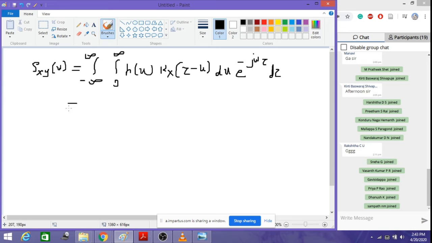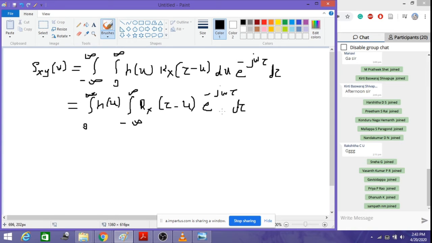Once we have 0 to infinity, we take the h of u term outside, then the integral from minus infinity to plus infinity of Rx of tau minus u into e power minus j omega tau into d tau. One more term is missing, so du into d tau is there.